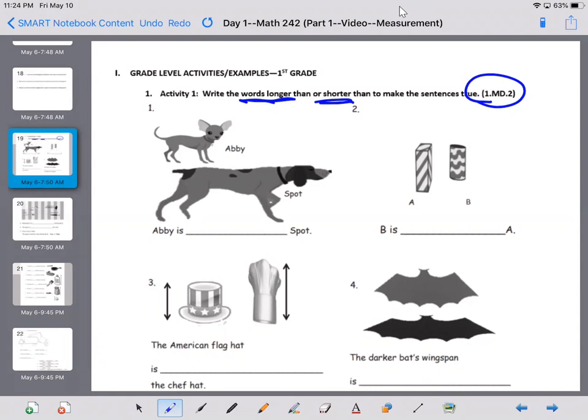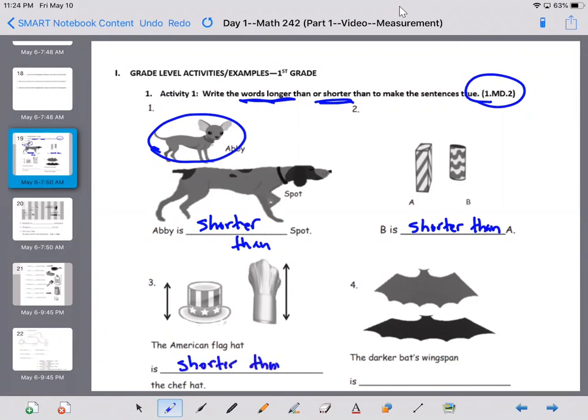So now we're comparing Abby to Spot, and we would say that Abby is shorter than Spot. And then we would look at A and B, and it would be kind of close, but we would say that B is shorter than A. And then we've got the American flag and the chef hat, and we would say that the American flag hat is shorter than.